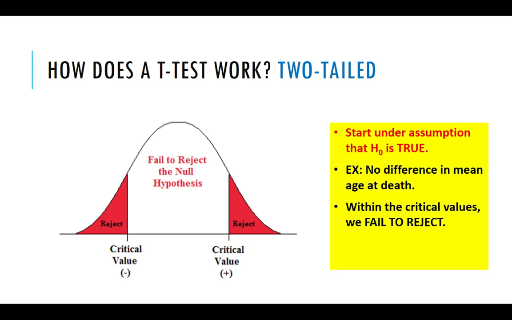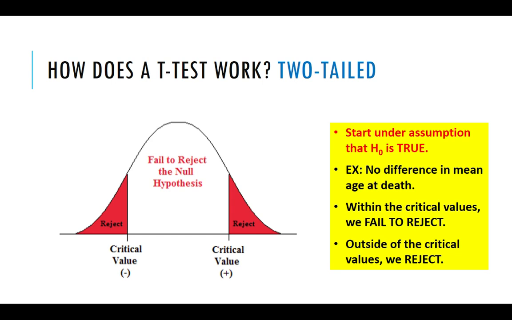So within these critical values, we fail to reject this hypothesis. So there's some range in this distribution where we're going to fail to reject H naught. We're not going to be able to say that they're different. But if we're outside of the critical values, and you see the critical values there on our distribution, then we can reject.